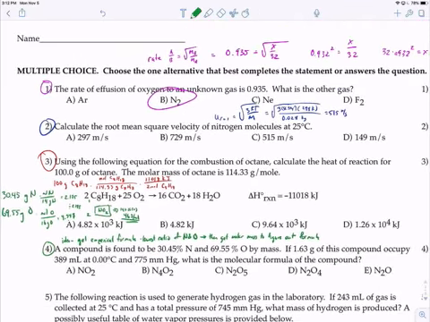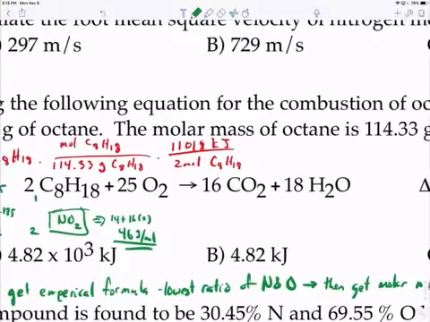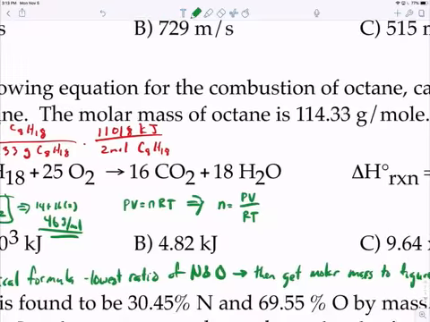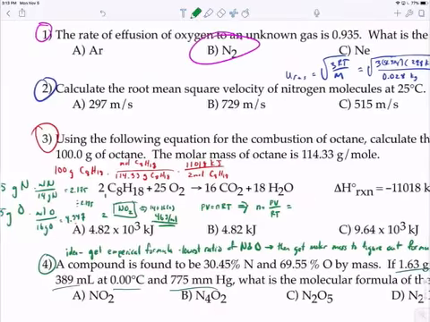So the second part, we have 1.63 grams, that volume, that temperature, that pressure. So the way we figure this out, we got to figure out the number of moles. So PV equals nRT, which implies n equals PV over RT.